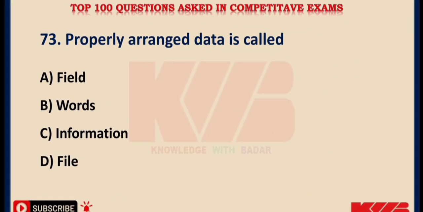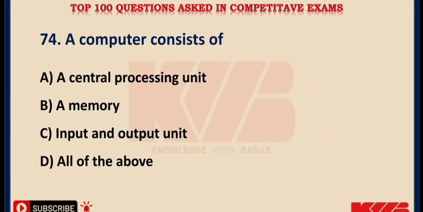The next question. Properly arranged data is called field, words, information, or file. Yes, it is called information. Question number 74. A computer consists of a central processing unit, a memory, input and output unit, all of the above. Yes, all of the above.